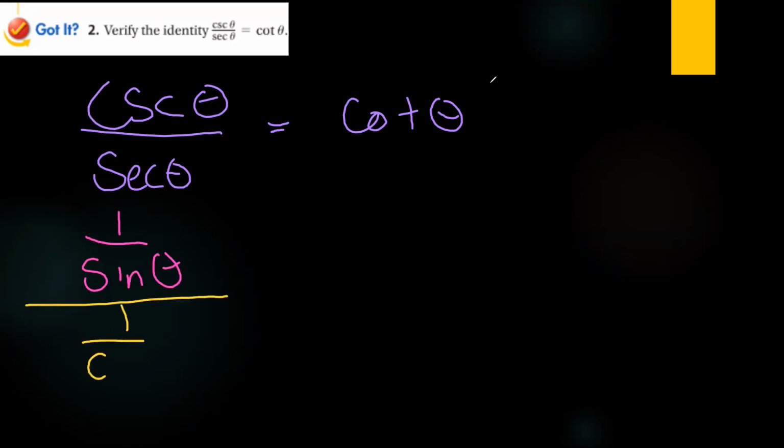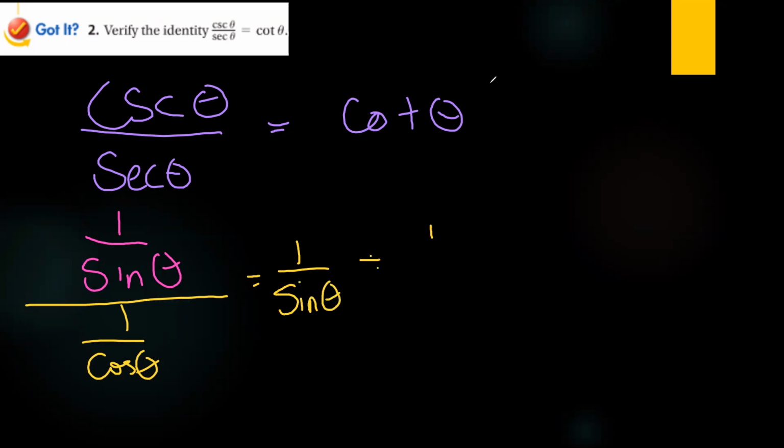Let's now verify it here. Cosecant over secant. We want to verify that it's cotan. Now, cosecant is 1 over sine, and secant is 1 over cosine. So, here they are.